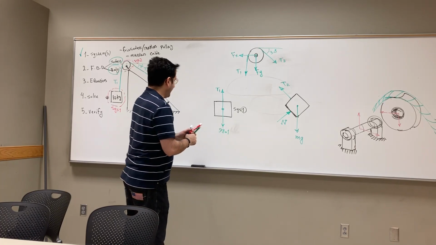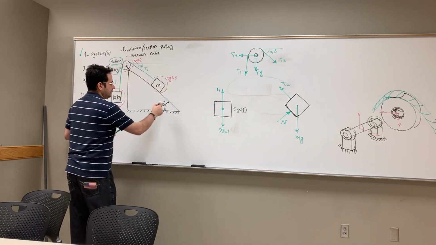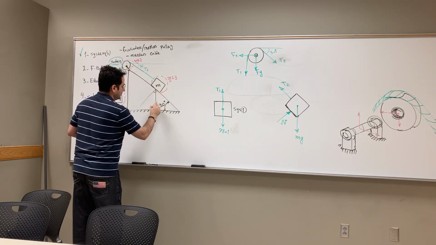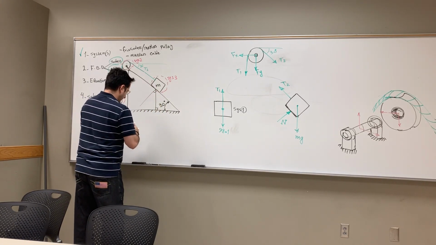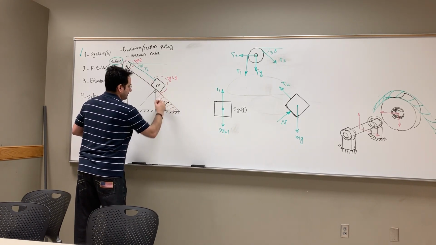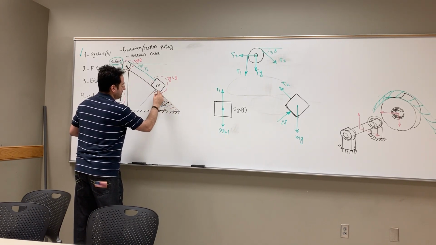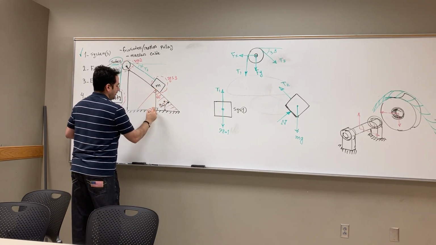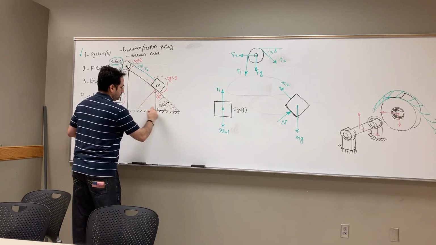Now let's go to some angle computation. If this is 30, this is normal to that, right? If this is 30, in this triangle, if you consider this triangle, if this is 30, this is 90, this is 60, right? Now go to this triangle, the bigger one.